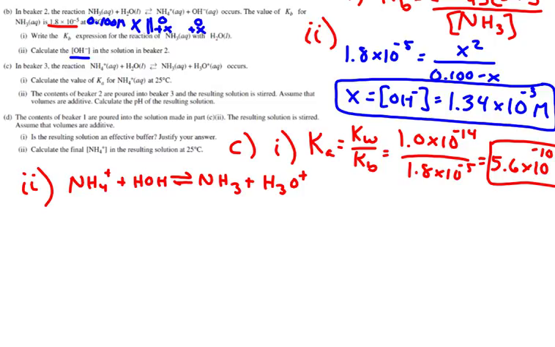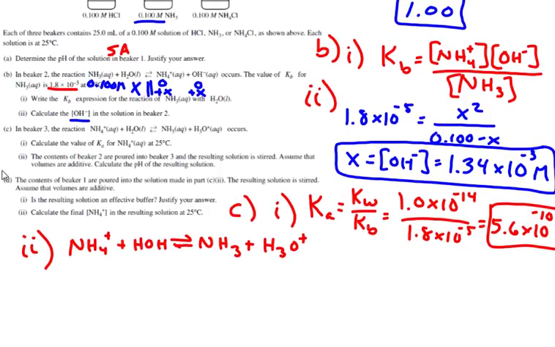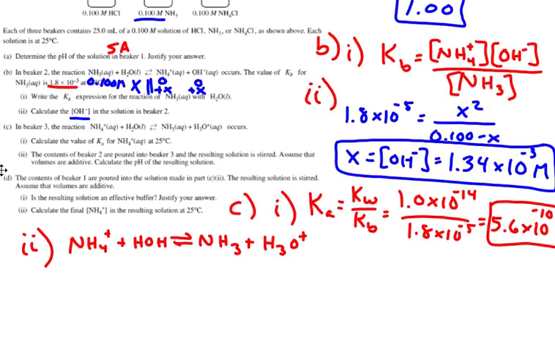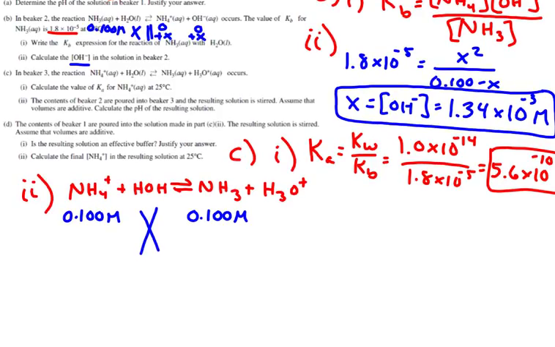Okay, so I had 0.1 molar of NH3 and I had 0.1 molar of NH4 plus, right? That's the plus right there. So here's the thing. It says assume volumes are additive.